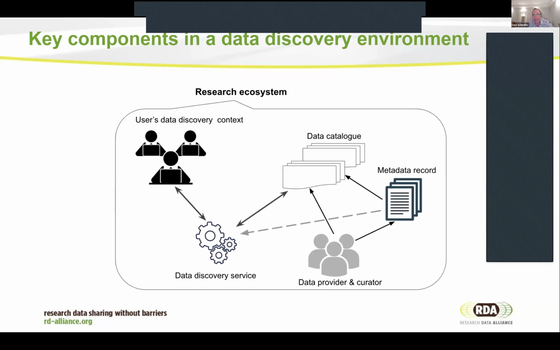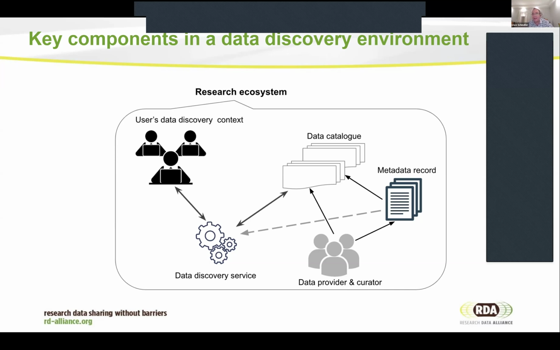So basically the setup is like that. You have users doing discovery, and you have something like a discovery service. It might be inside the data center, so the data catalog can have a data discovery service, but it can also have some external service like Google Dataset Search or one of those portals, GEOSS or whatever, that are providing the metadata for search.